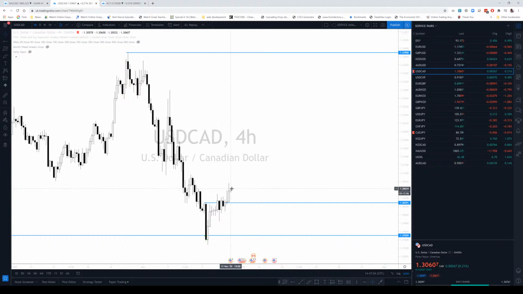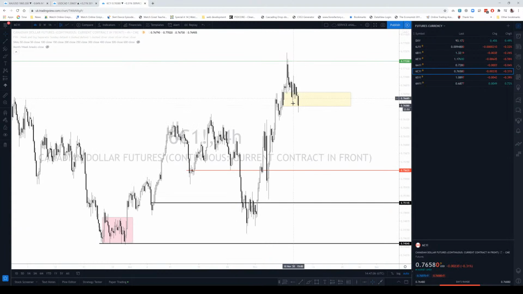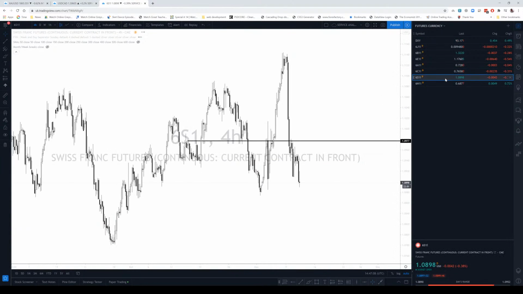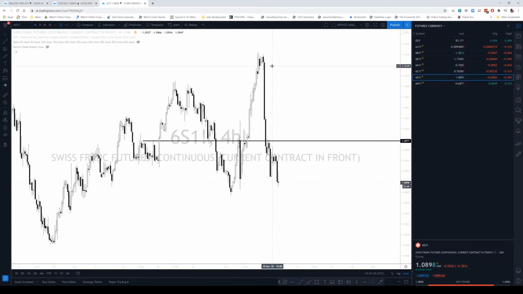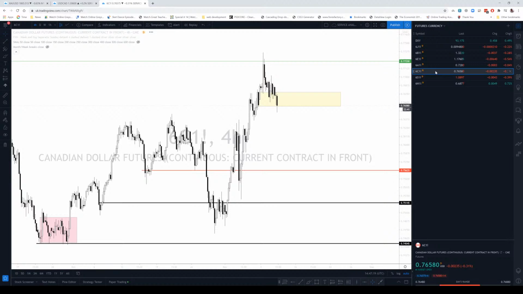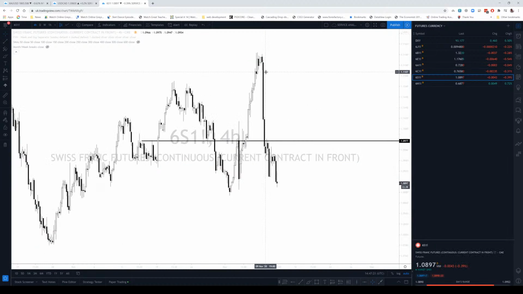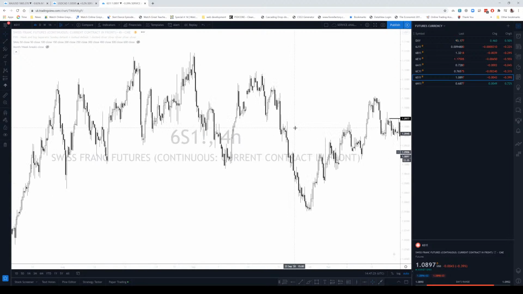Right, so once we close below this, I'll show you Swiss. Okay, I'm expecting, it's crazy, but I'm expecting this kind of candles on the Canadian futures. Okay, I'm expecting not as big as this, but something like this, normal trading.